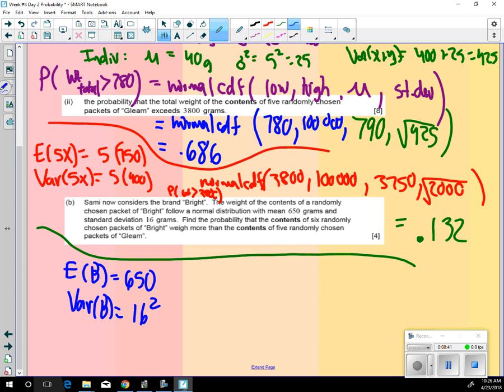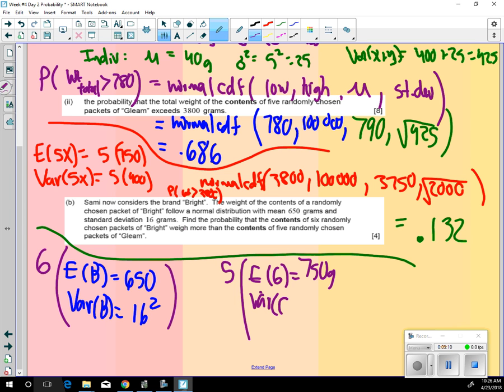Let's find the probability that the contents of 6 of these, so we're going to take 6 of these, and we're going to compare them with the 5 of the Gleam. 5 of these, which was expectation of Gleam, which we had, I think it was 750. And then the variance of Gleam, it's a G, is equal to 20, right?